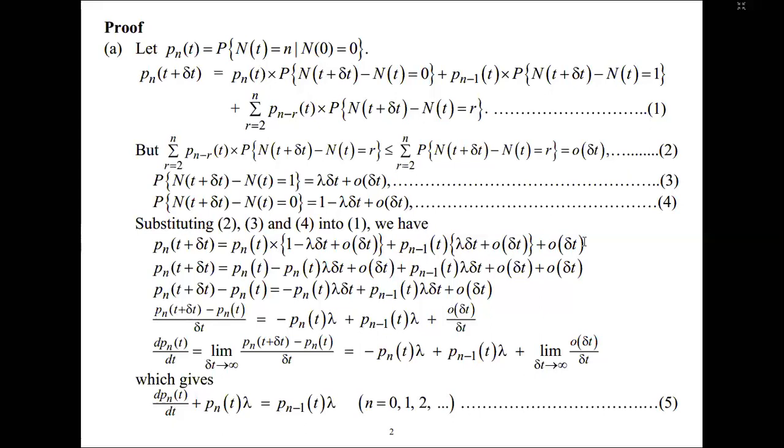I hope you are understanding me. Then what we are going to do now is to take this P of n of t to this side, so it will be subtracted. Then we divide through this equation by delta t to obtain this equation.